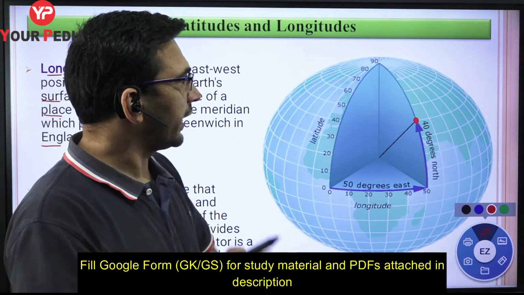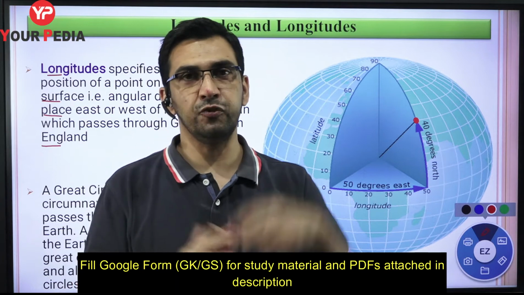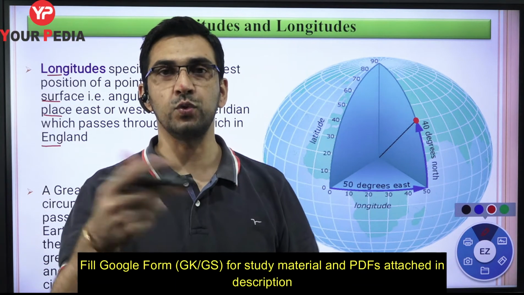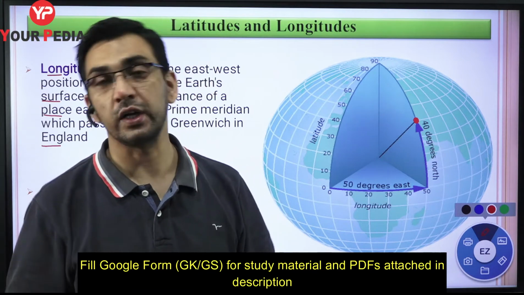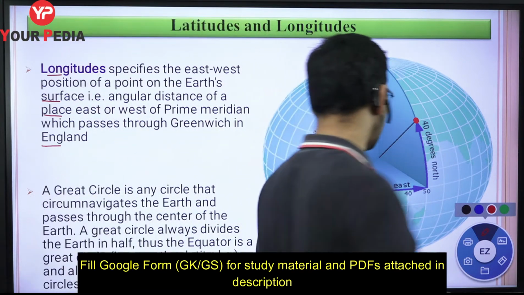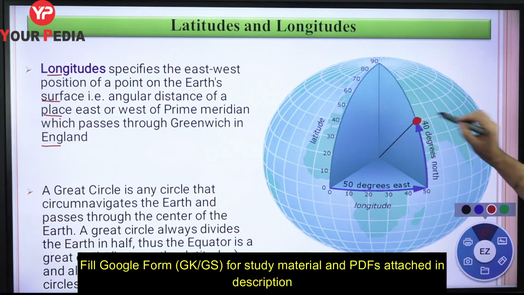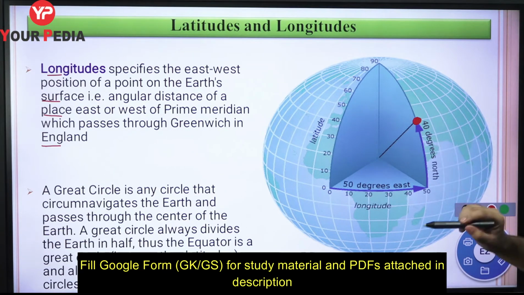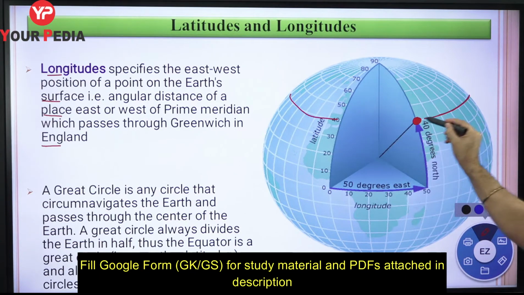Now can you locate any point on the surface of the earth if we have these two parameters, latitudes and longitudes? Obviously you can now locate. For example, let us say come over here. You are located over here, right? You are moved to this place. And if you tell me that you are at 40-degree latitude, okay, that is okay.